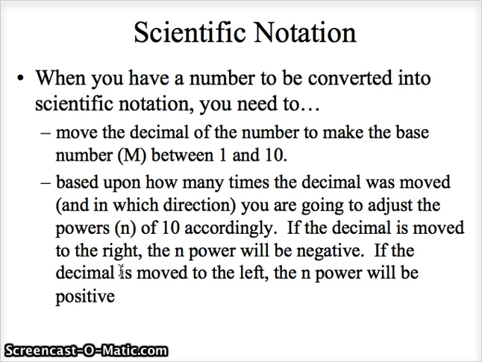If the decimal was moved towards the right, basically making a really small number into a whole number, the power n will be negative. If the decimal is moved from the right to the left, making a large number into a smaller value for the base number, the power n will be positive. So let's see how this works out.